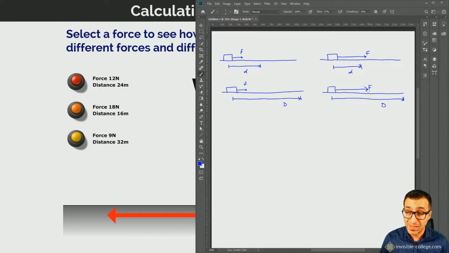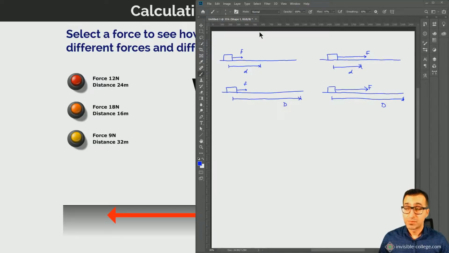You're pushing with a much greater force, and you're pushing with that force over a much greater distance. So at an intuitive level, the concept that work is related to both the force which is being applied and the distance over which that force acts, or over which the object moves along the same line as the force, that is fairly intuitive. It's a fairly instinctive idea.